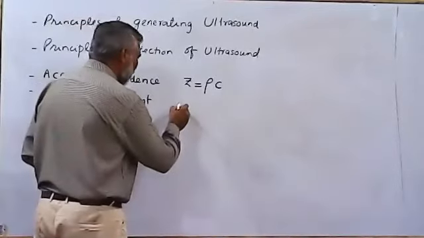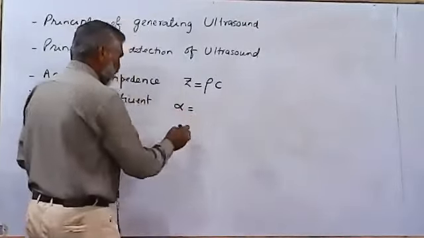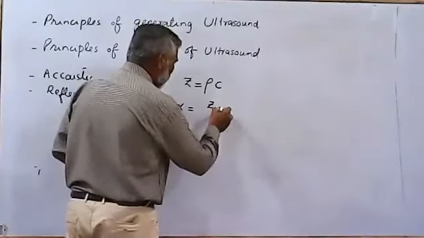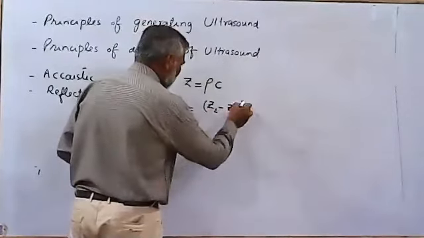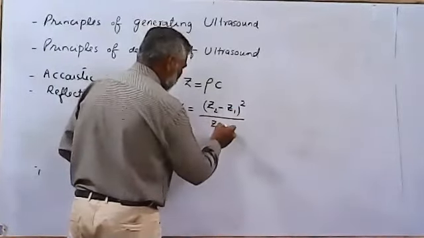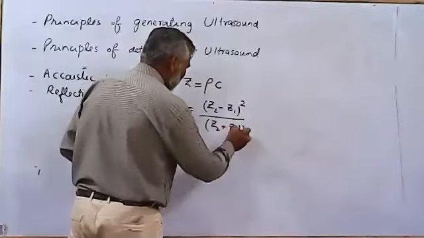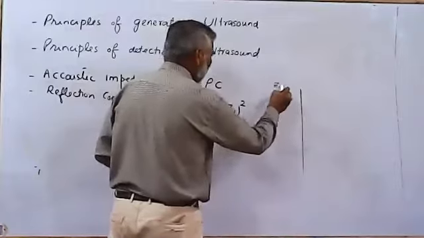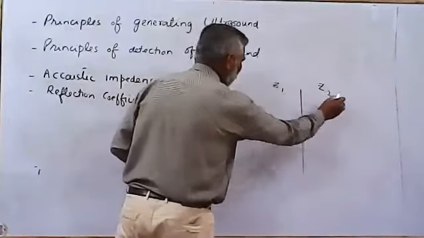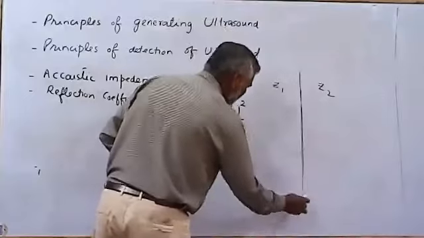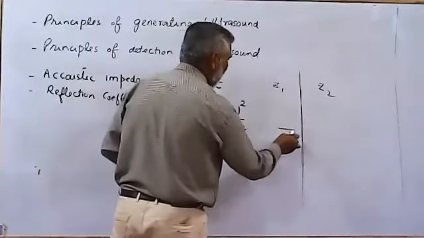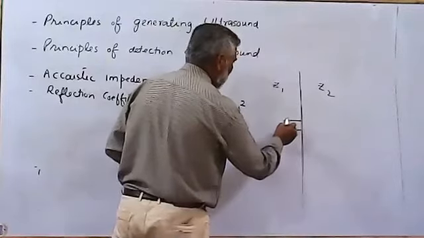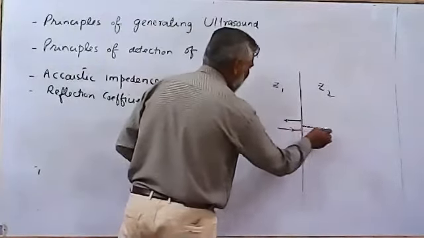We usually calculate this coefficient using the formula (Z2 minus Z1) squared over (Z2 plus Z1) squared. You remember, by Z1 and Z2 we mean the acoustic impedances of two media separated by a boundary, and this is where the incident radiation arrives. Part of it gets reflected into the same medium and part gets transmitted.